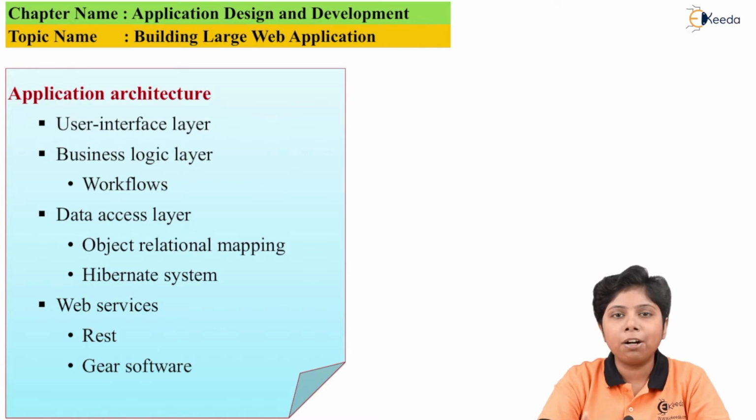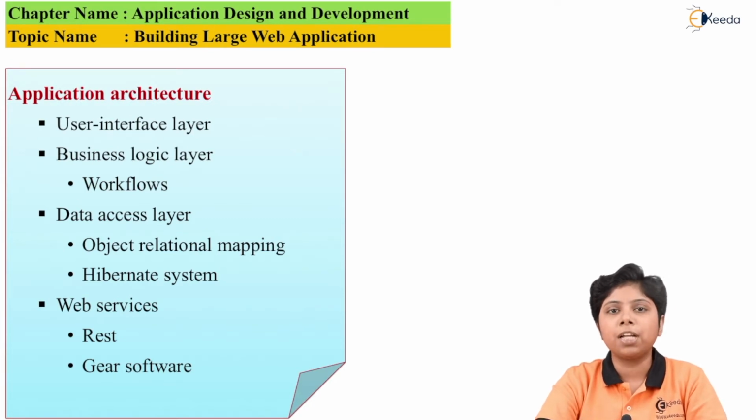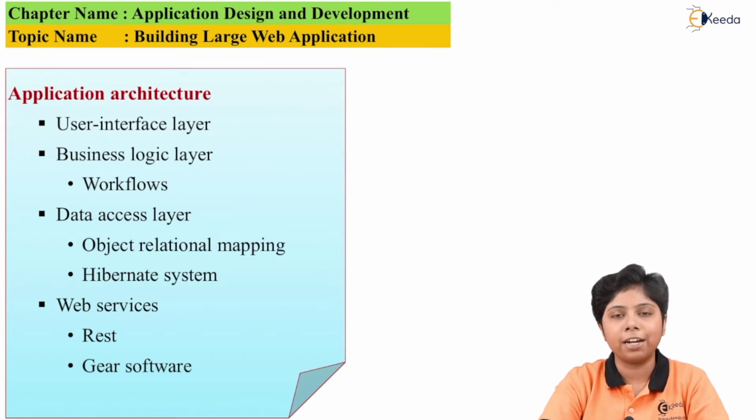After that we need to know about rapid application development, and then we will use the tools included in the web or Java area to build large applications. Finally we will know what a report generator is and how it helps in building the web application. To start with building a large application, first we need to know about the application's architecture.